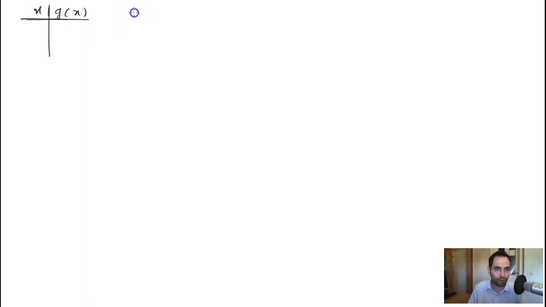So the general form is g of x is equal to a times r raised to the power x. Sometimes I might say a times b raised to the power x. It basically means the same thing.